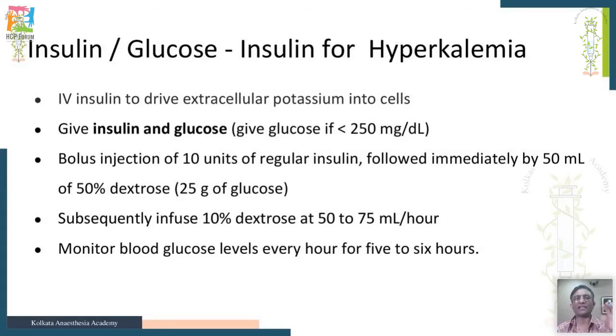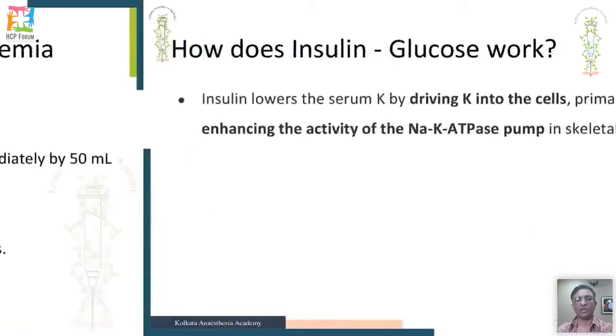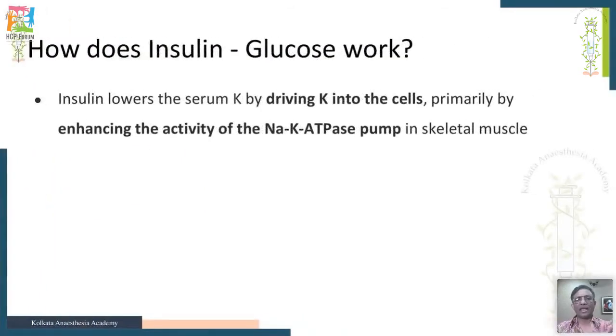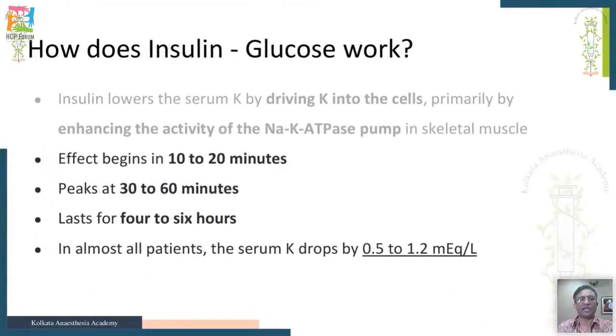Again, this is an important slide. How do you manage hyperkalemia with glucose insulin? And I think if you can't remember it, go back and have a look at it. But this is how it works and how much you need to give. And I said this is by enhancing the activity of the sodium-potassium ATPase pump that it drives the potassium inside, especially the skeletal muscles.